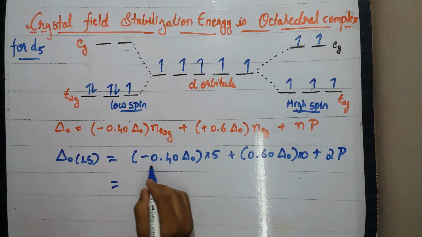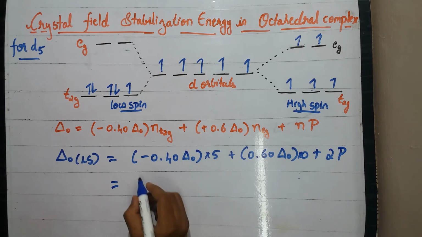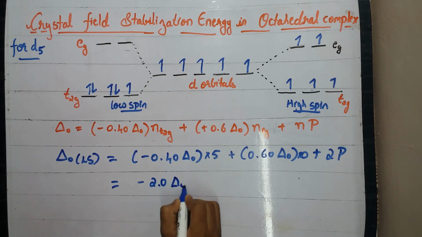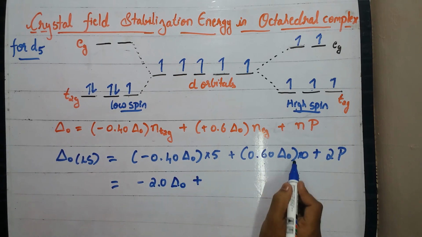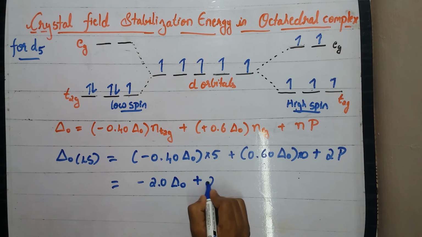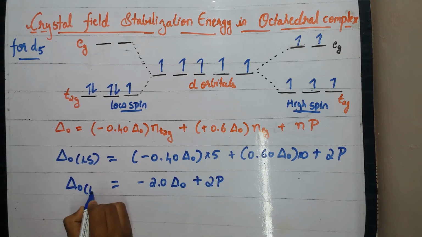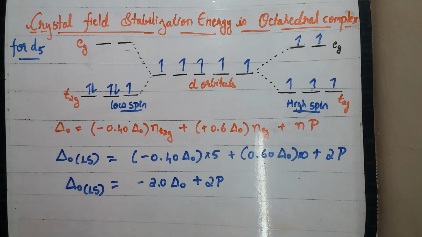Now minus 0.40 into 5 would be minus 2.0 delta naught plus 0, plus 2P. This is the CFSE of a low spin complex in a d5 system.